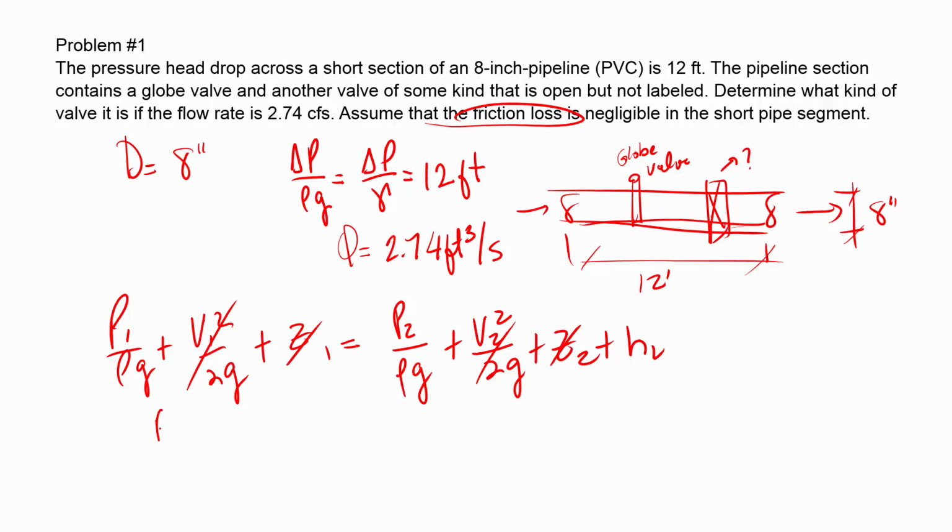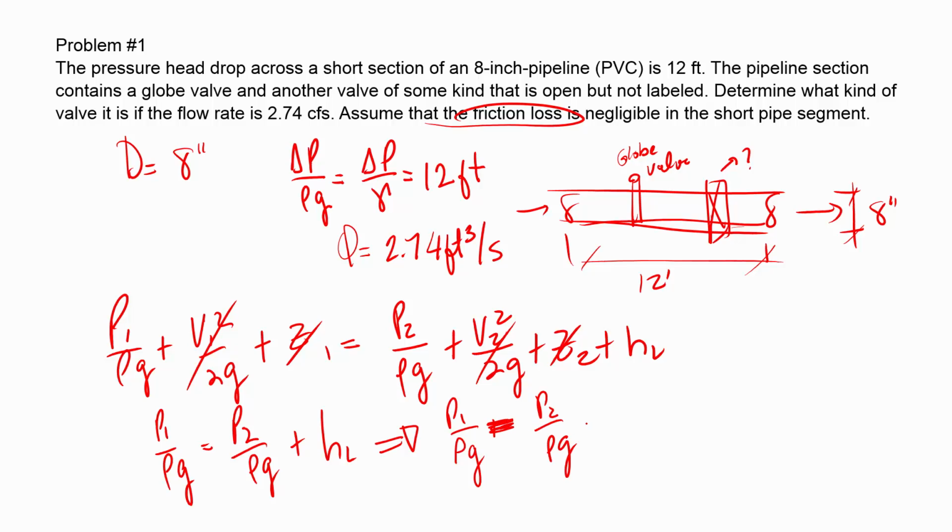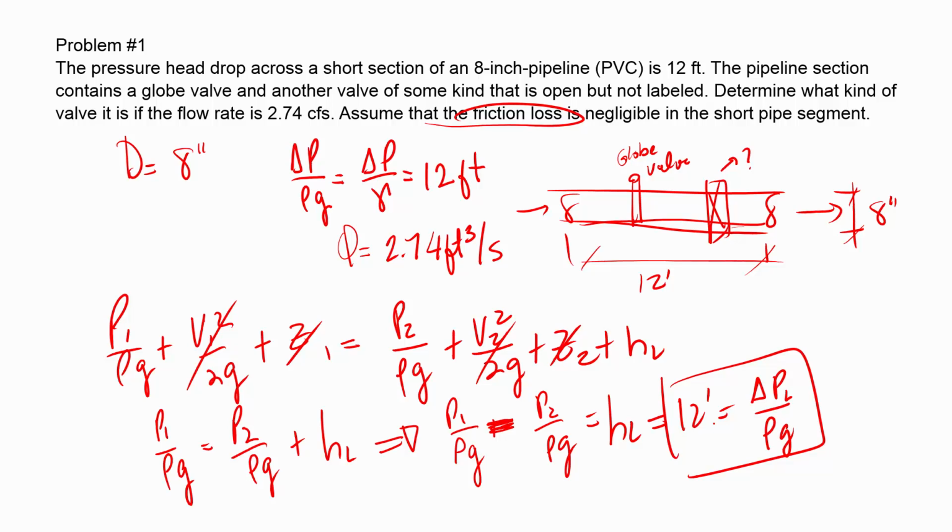So what we have here is P1 over rho g equals P2 over rho g plus HL, which in turn gives P1 over rho g minus P2 over rho g equals HL. So this is 12 feet, and this is delta P over rho g. So this is my equation that I'll work with.